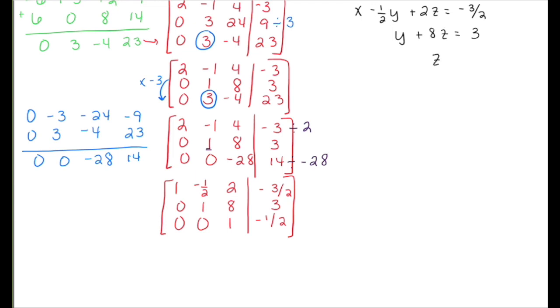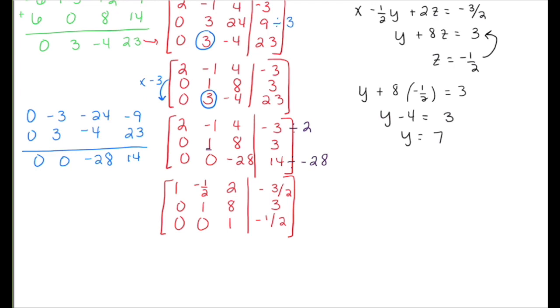And then my bottom row is z is -1/2. Well, if I know that z is -1/2, I can substitute it into my middle equation and obtain what y is. So y plus 8 times negative half is 3, or y minus 4 is 3. When I add 4 to both sides, I now know that y is equal to 7.